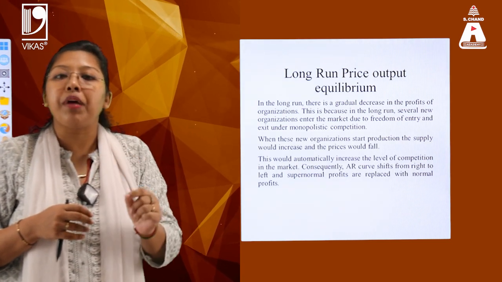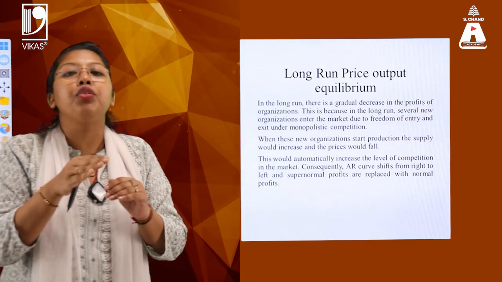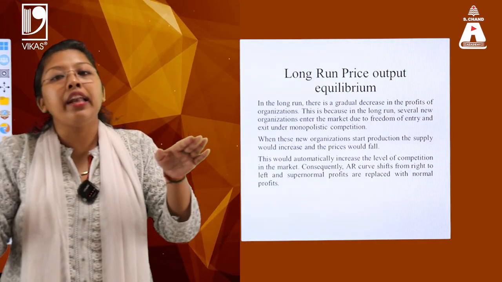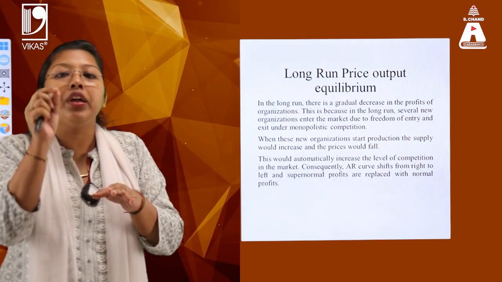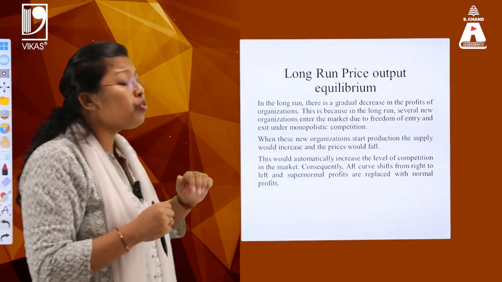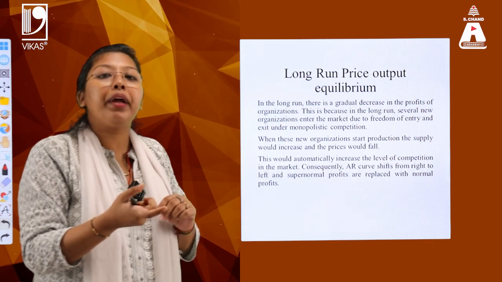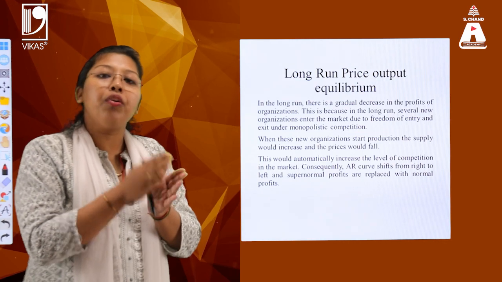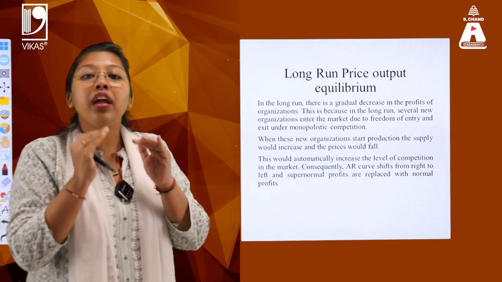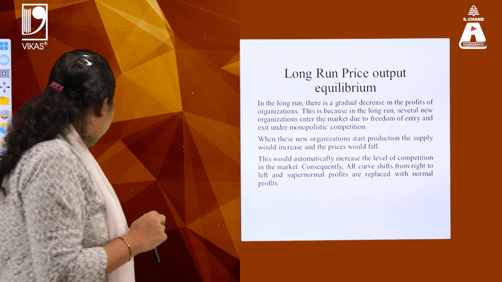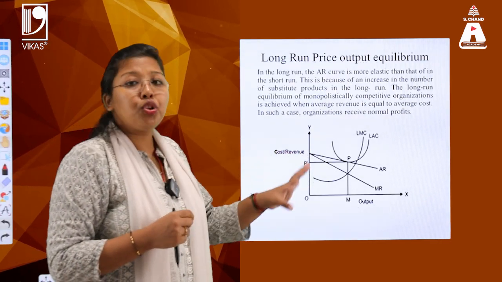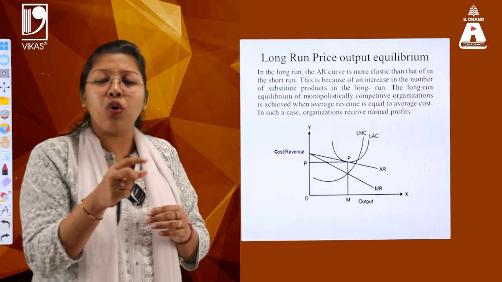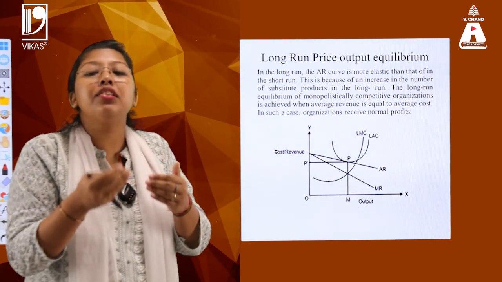And if the demand gets impacted, your price will automatically flow likewise, and your supply will come into track and everything will be balanced to come to an equilibrium point. But first of all, initially when you enter the long run, you know this much: firms are more, supply is more, hence the price needs to be reduced in order to sustain in the competition. What happens next? When you talk about short run equilibrium, that is more complicated since the time frame is so short that you are unable to adjust yourself.